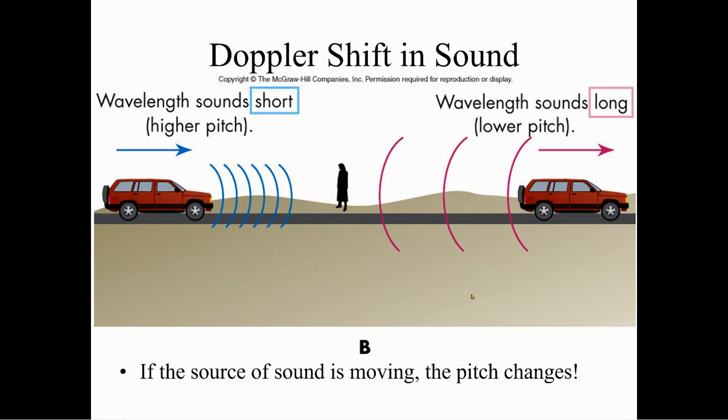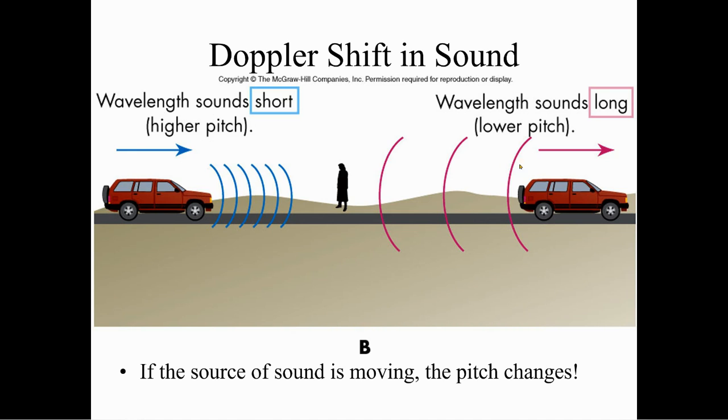The Doppler shift in sound. Wavelength in sound is short and higher pitched. Remember, the tighter the wavelengths are, the closer together they are, the higher the pitch. So over here we're talking beep, where over here, longer wavelengths are lower pitch. As a source moves towards you, like a snowplow piling snow in front of it, the sound waves are shorter.